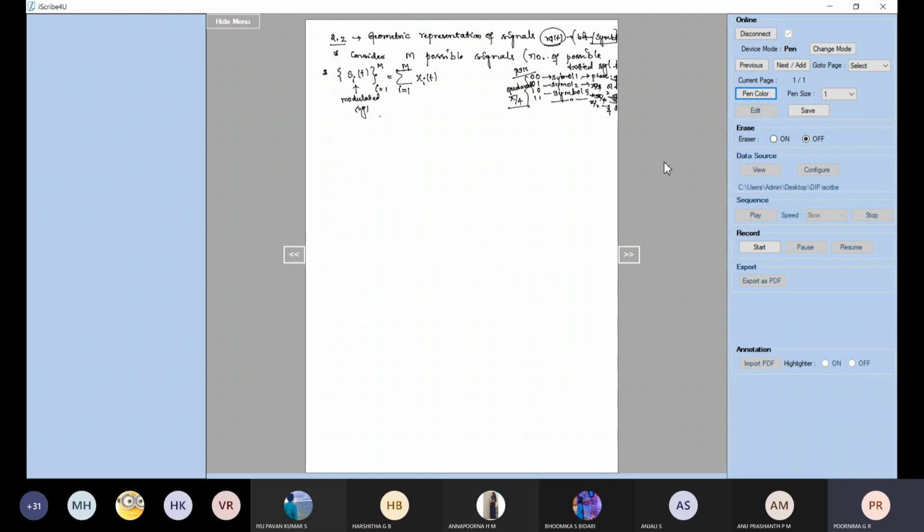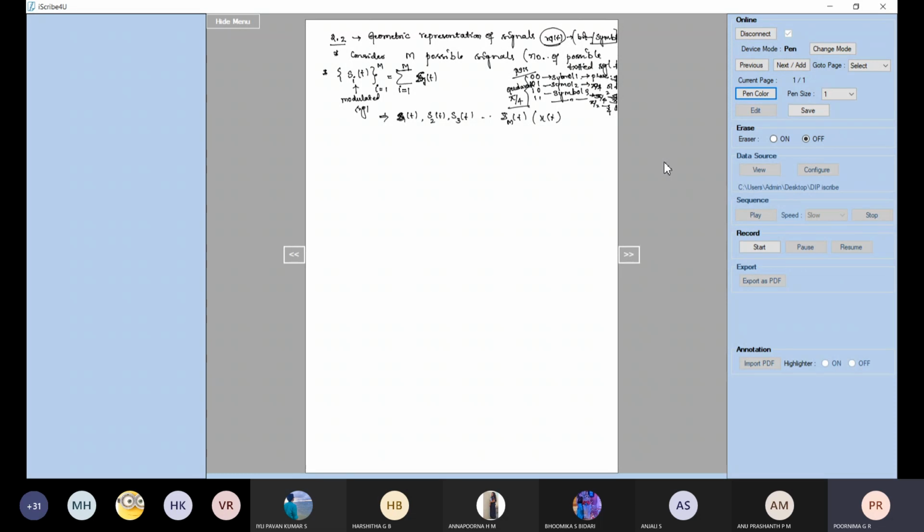This implies that the signals s1 of t, s2 of t, s3 of t, etc., up to xm of t are all the possible signals. Either you can go for x of t or you can go for s of t. It is one and the same.